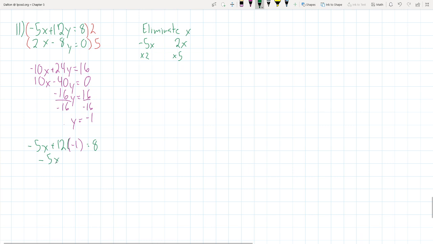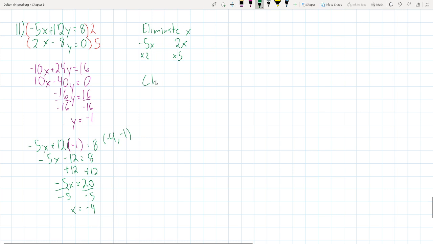Negative 5x minus 12 equals 8. Add 12 to both sides. Get negative 5x equals 20. Divide by negative 5. X equals negative 4. So my answer should be negative 4 comma negative 1.